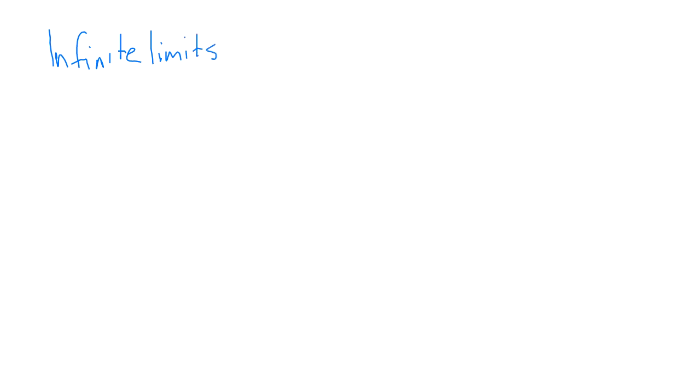So now, infinite limits are essentially whenever your limit as x approaches a of f of x equals plus or minus infinity. Now this limit still technically does not exist, but it can show us why it does not exist at this point. This says it does not exist because it goes to infinity, or because it goes to negative infinity.